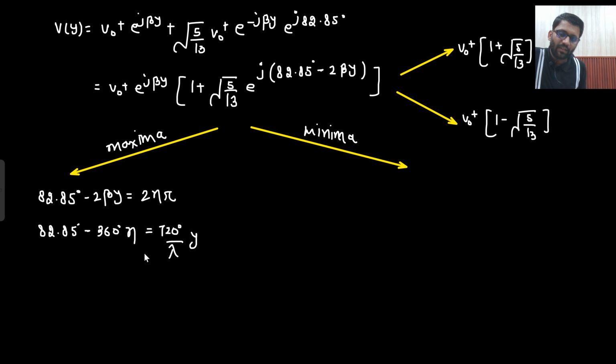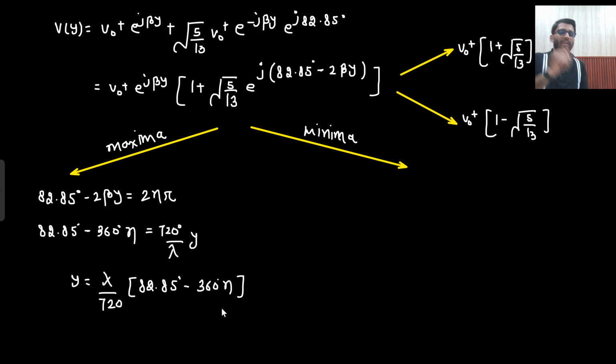So y is lambda by 720 times (82.85 minus 360 n). I can put n equals to 0 here. If I put n equals 0, what am I getting? Divided by 720.